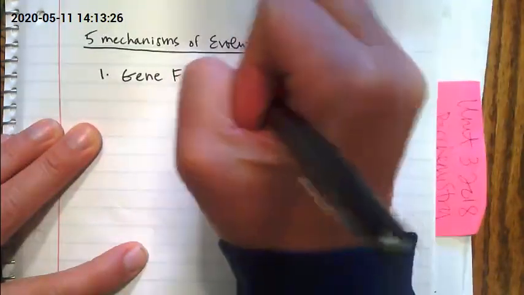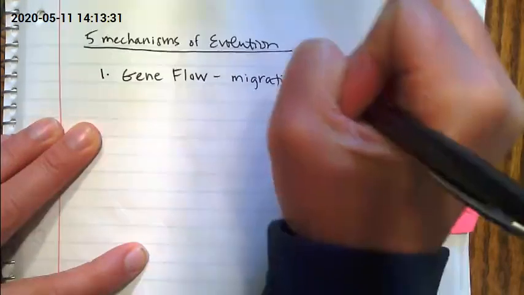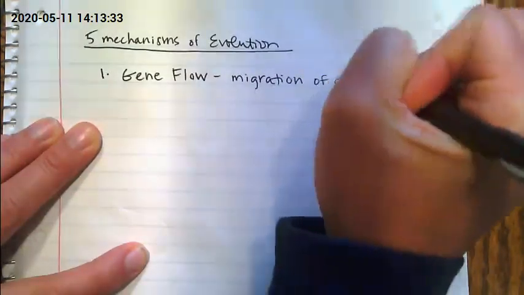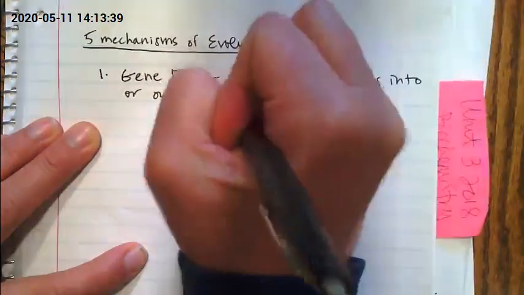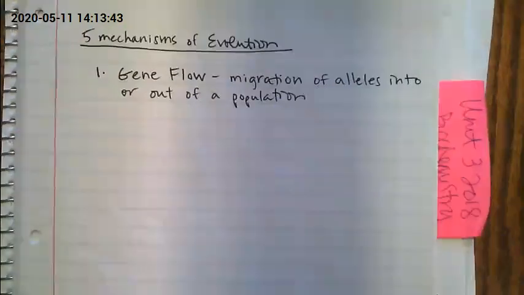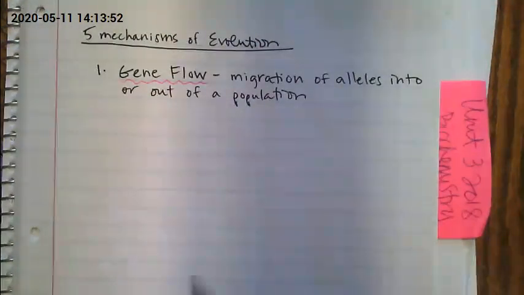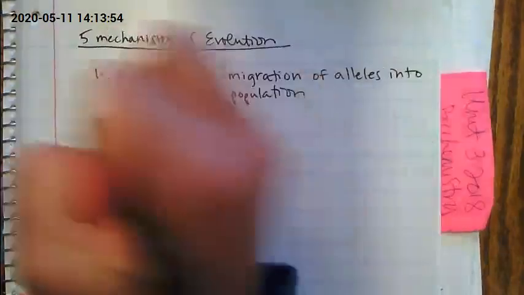This is, right, people moving out, people moving in. This is migration of alleles into or out of a population. So that's gene flow.